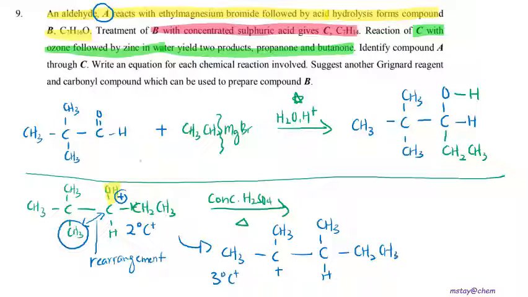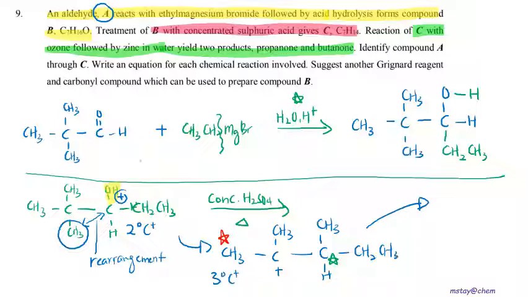Okay, so based on the mechanism, after the tertiary carbocation forms, we are going to remove the hydrogen. There are two possibilities for us to remove the hydrogen. We either can remove the hydrogen from the first carbon at the left hand side, or the hydrogen from the right hand side here. Okay, so let's use a different color.